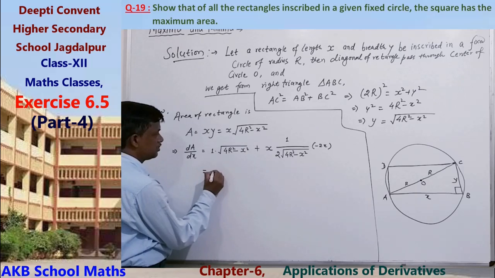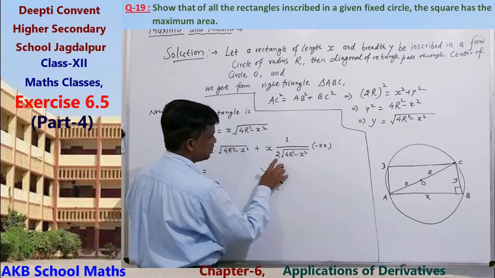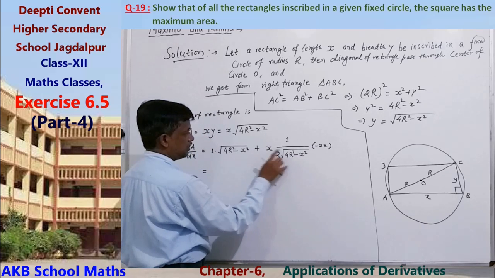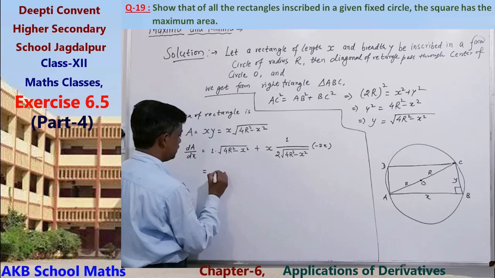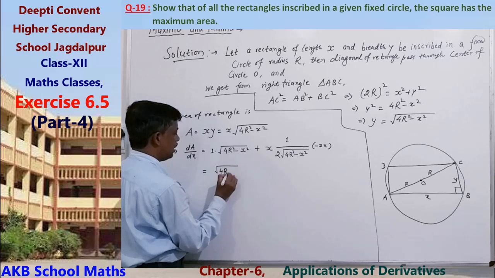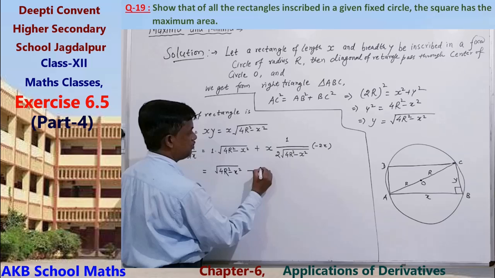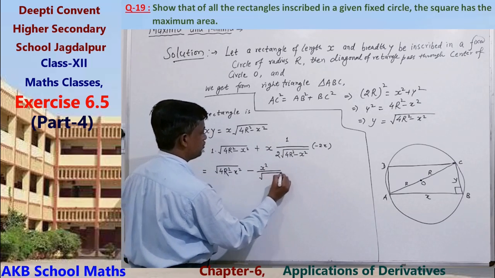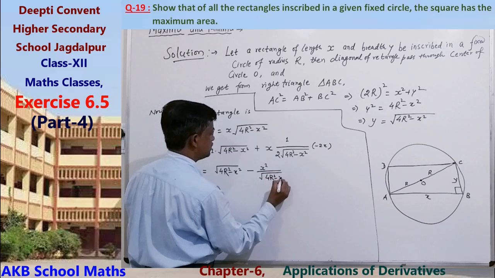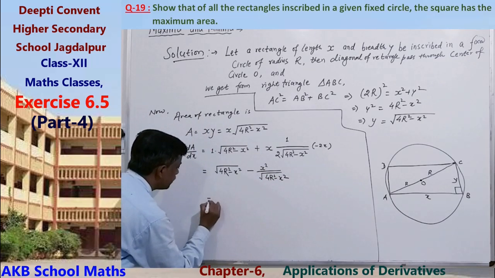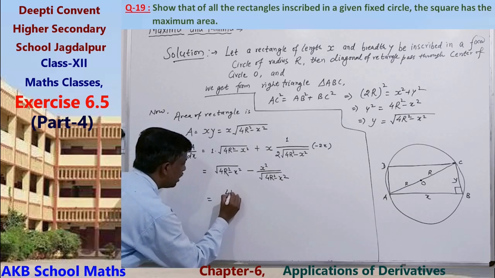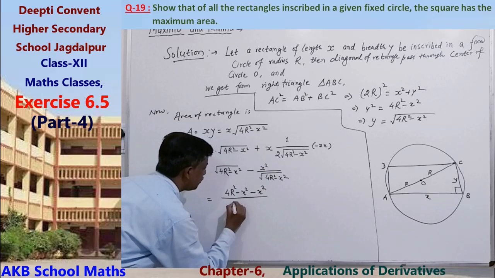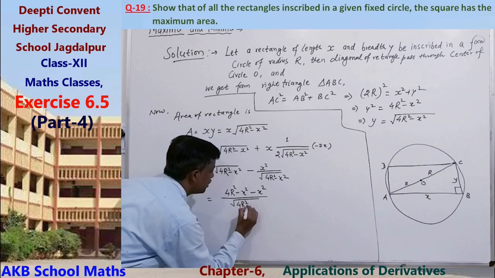So solving it, 2 cancels, X, 2 cancels, minus sign. So here we can write root of 4R square minus X square, minus X square upon root of 4R square minus X square.